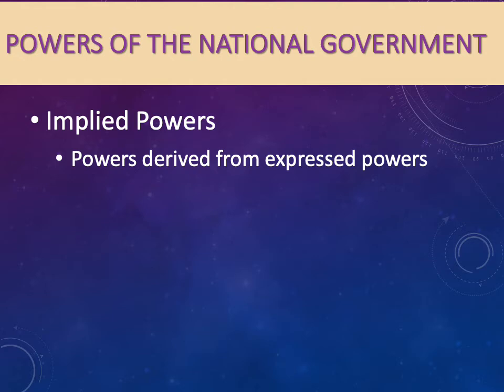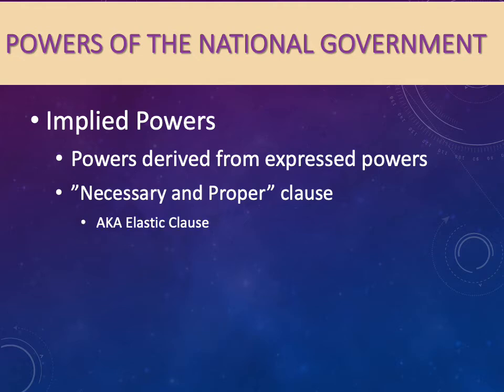These implied powers come from a clause at the very end of Article 1, Section 8, called the necessary and proper clause. It's also referred to as the elastic clause, because the necessary and proper clause can stretch an expressed power in order to grant the national government a different kind of power, but one that is related to the enumerated powers in Article 1, Section 8.